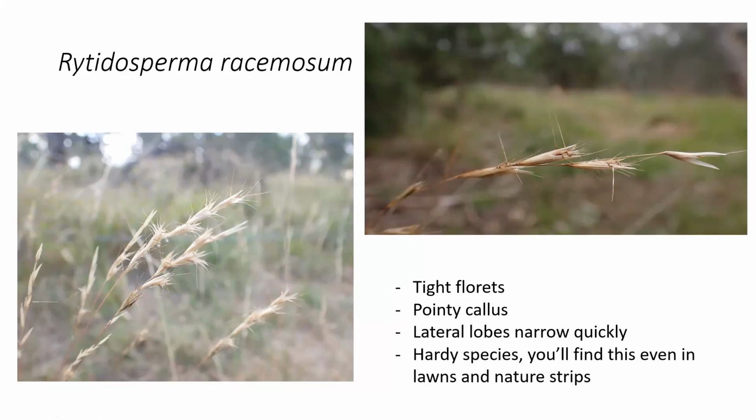I've seen lots of florets out at the moment. And yeah, it's a hardy species. You'll see it in people's lawns, in bush reserves, everywhere. So this is a great one to keep an eye out for. It's a good one to start with. And it's got a very distinctive inflorescence. It's very narrow. So once you get your eye in for it, you'll know it.